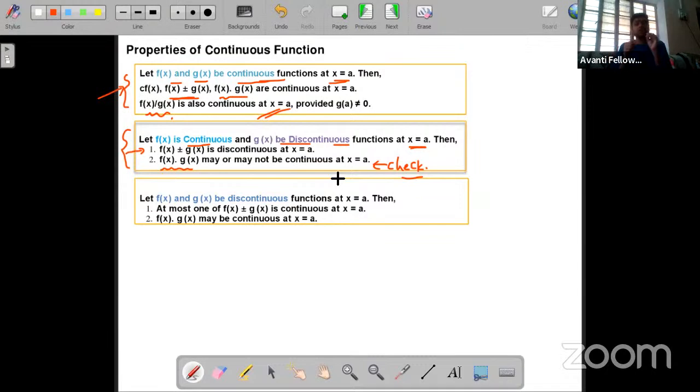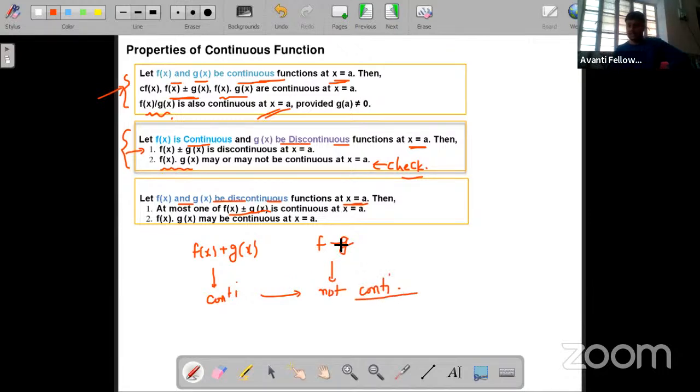But we can be definitely sure that the sum or the subtraction of those two functions is discontinuous. Now in the third case, if both the functions are discontinuous at some point, then we cannot say which function in case of plus or minus is continuous, but we can definitely say one of them will be continuous, whether it is f plus g or f minus g. If this is continuous, then this will not be, and vice versa.